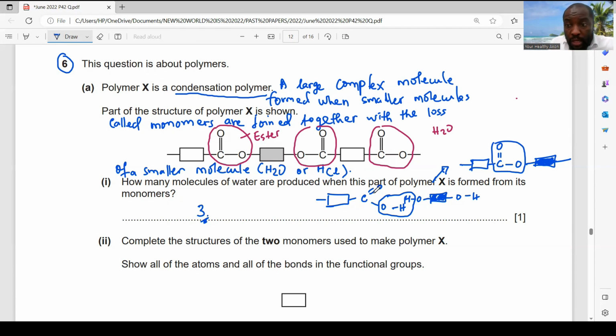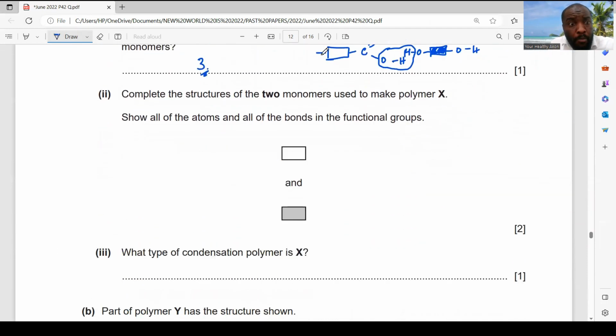So we move to the second part, Roman 2. Complete the structures of the two monomers. That's easy. The first one was a dioic acid. Did they say show all of the atoms? If they say show all of the atoms, then you're going to have this.